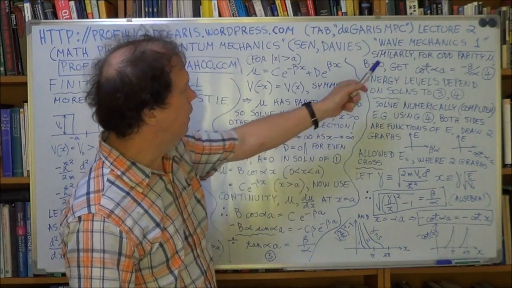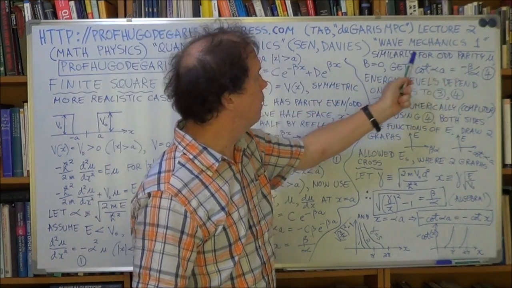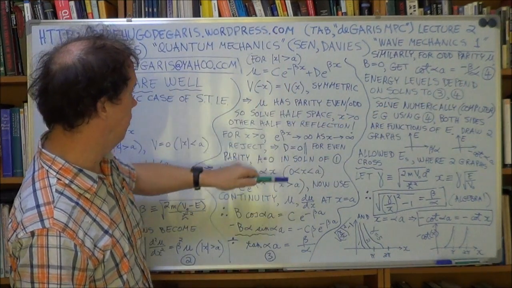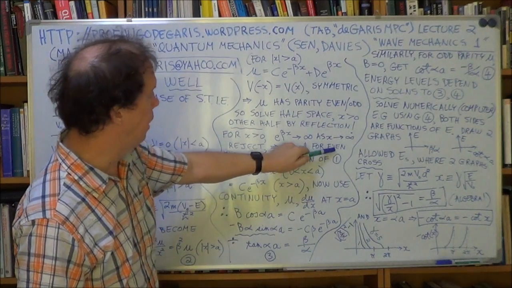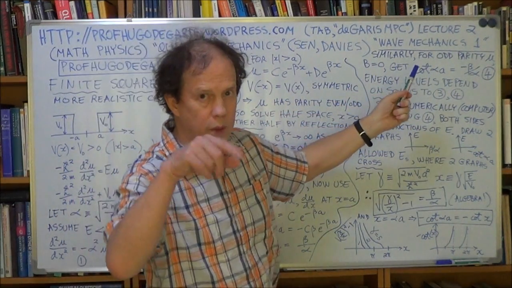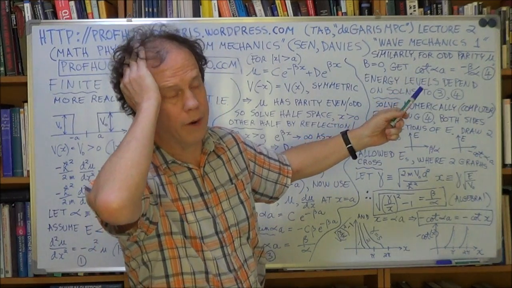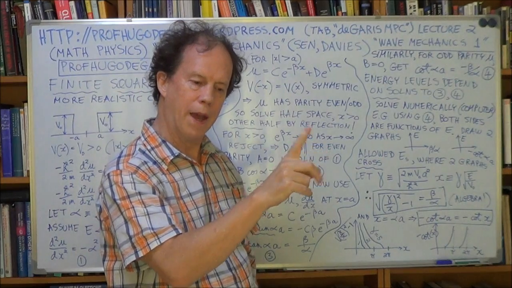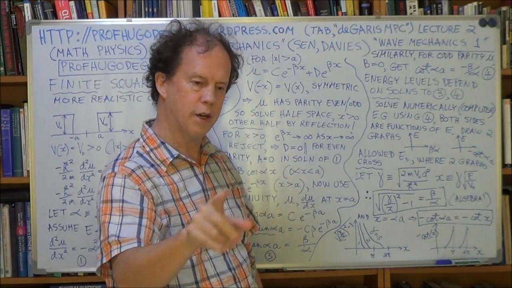Now if you take a different subcase, when the parity is odd, because we did parity for even here. So what's your wave function that has odd parity? Now u is the general form, remember, a sine plus b cos.